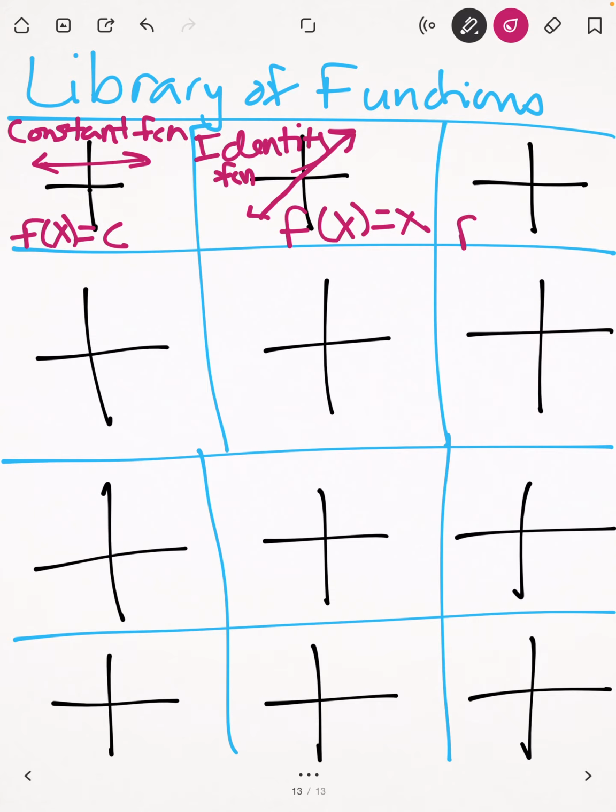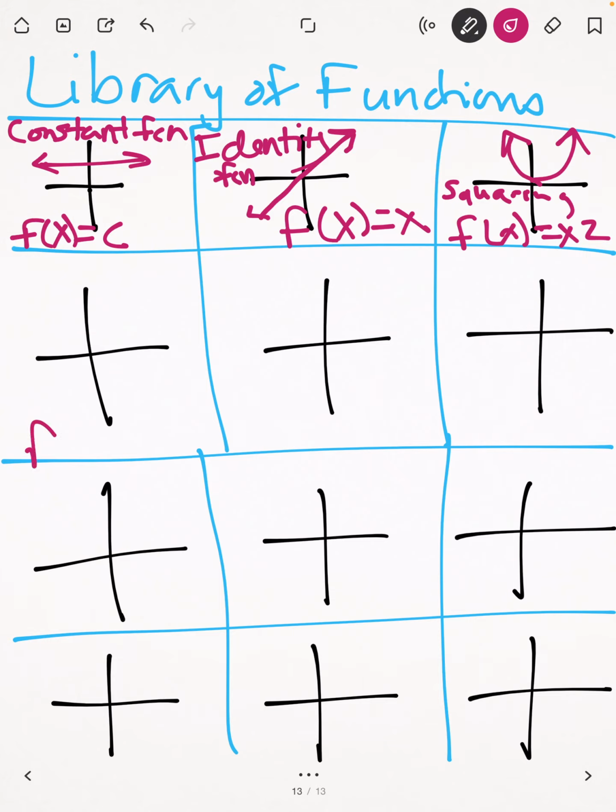We have something that can look like f of x equals x squared. The graph looks something like this u, and that's called our squaring function.